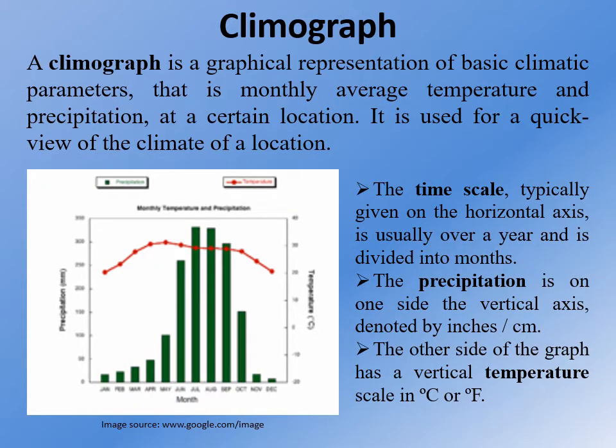Now, in a simple way, if we try to show the climatic conditions of any area, then we will represent the climate by some graph, and this graphical representation of the basic climatic parameters, that is mainly the temperature, precipitation, etc., is known as a climograph.